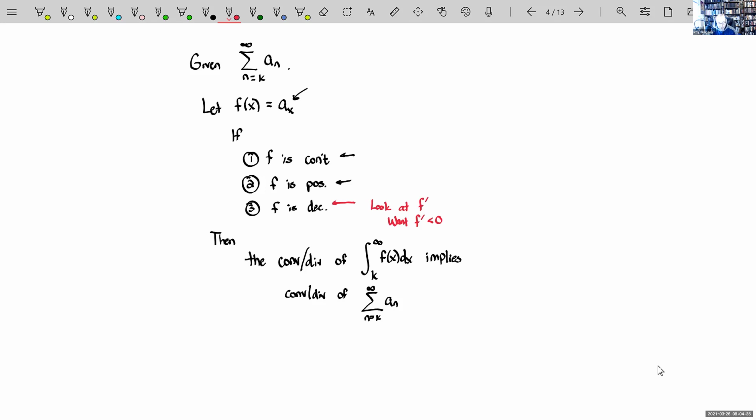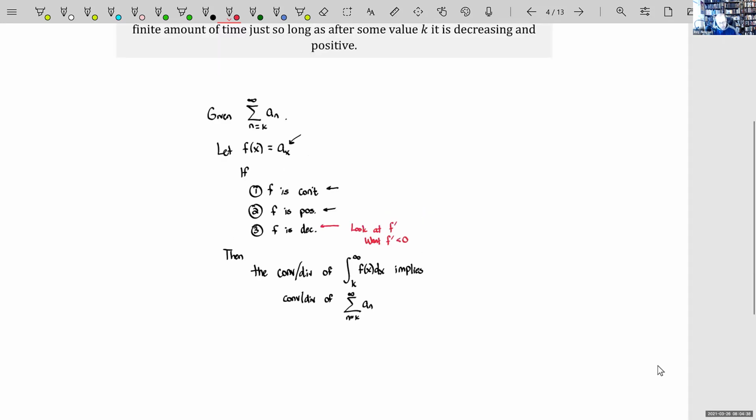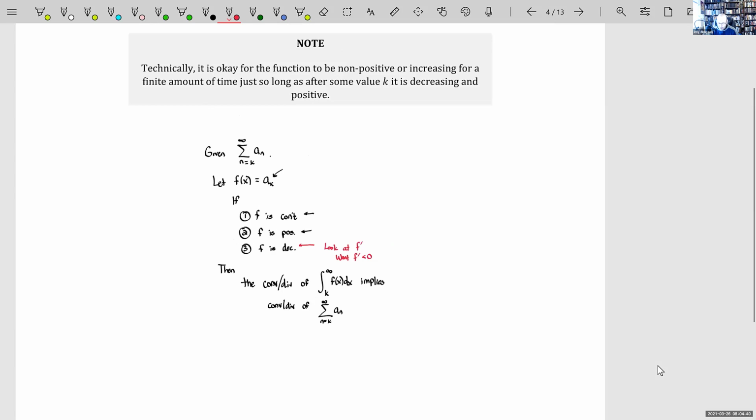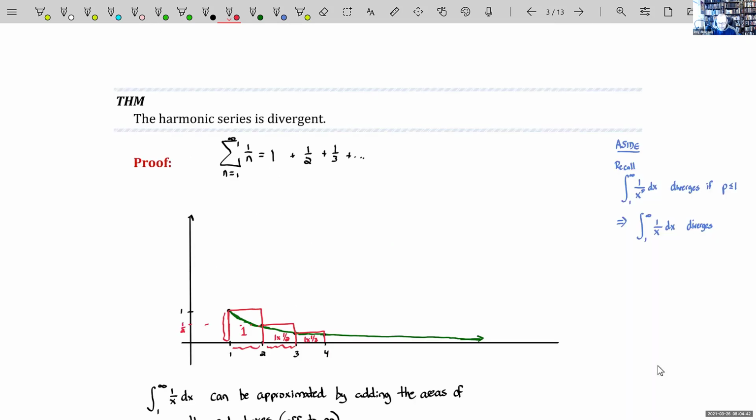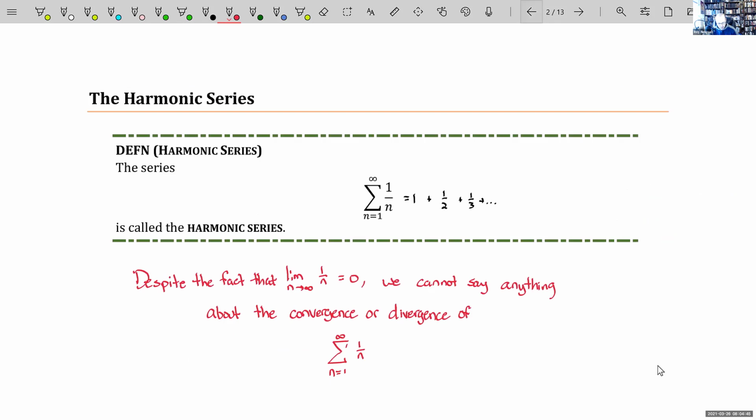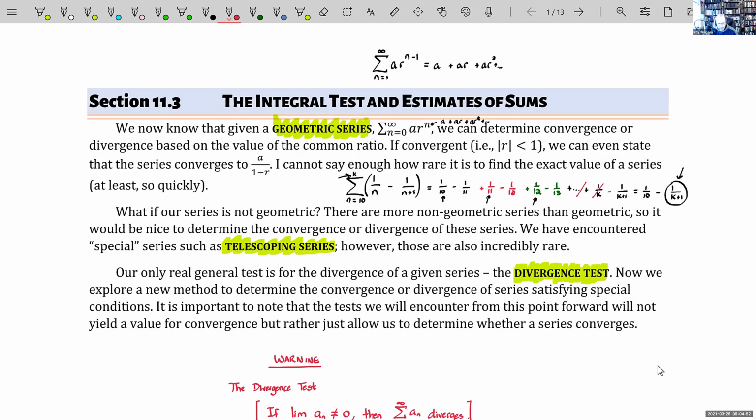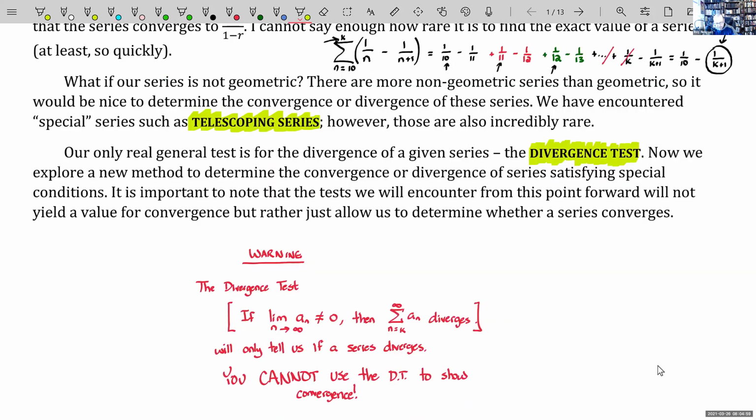So one thing that I want to remind you of is one of the statements I made right at the very beginning, which is that, and I'll highlight it as I say it here. I'll wait for my ink to catch up. There we go. It is important to note that the tests we will encounter from this point forward will not yield a value for convergence, but rather just allow us to determine whether a series converges.